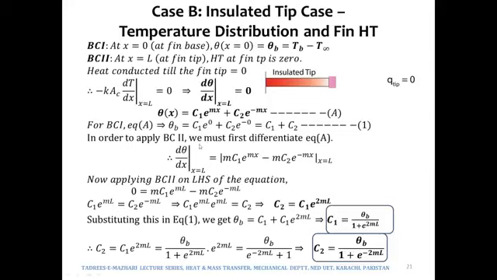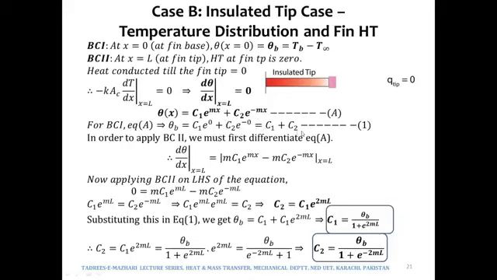So now since the boundary condition 1 is the same, we will get the same result as we got in case A. Means that theta is theta b where x is 0, means at the fin base. So in place of theta we will write theta b, and it would be c1 e to the power 0 plus c2 e to the power 0.